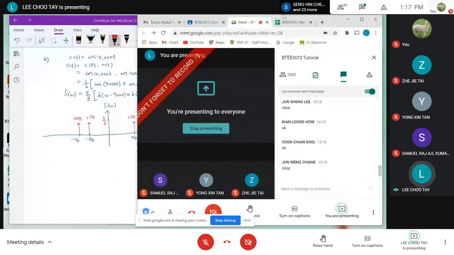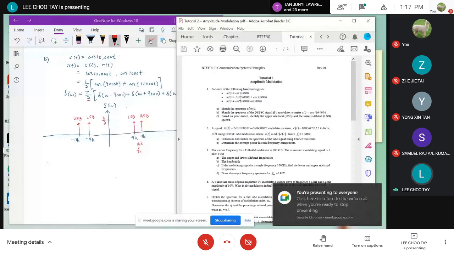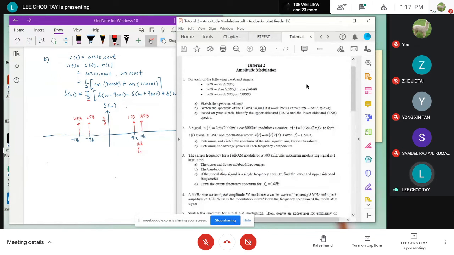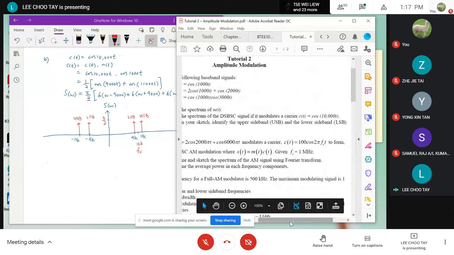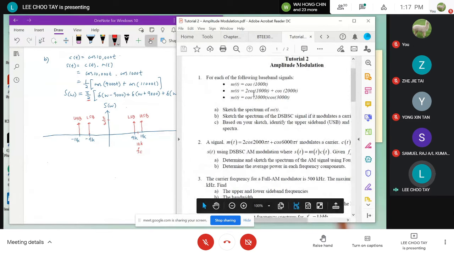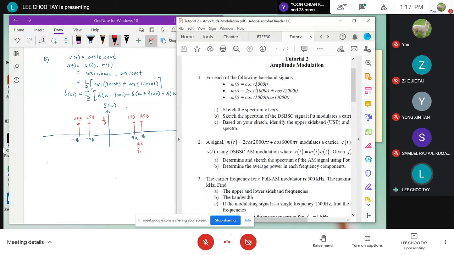Okay, so for tutorial 2, message signal or baseband signal number 2 is a sum of two cosine waves. So again, you do the same thing as for an individual cosine wave. As far as the baseband spectrum is concerned, this one is going to give you 2 impulses, and this one is going to give you another 2 impulses.